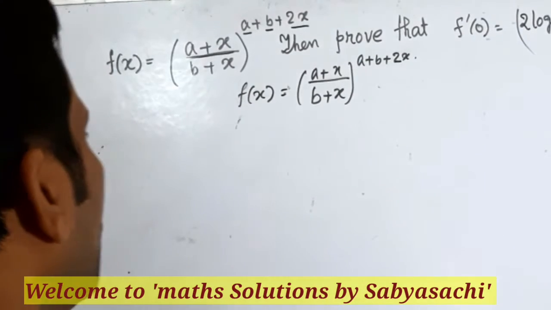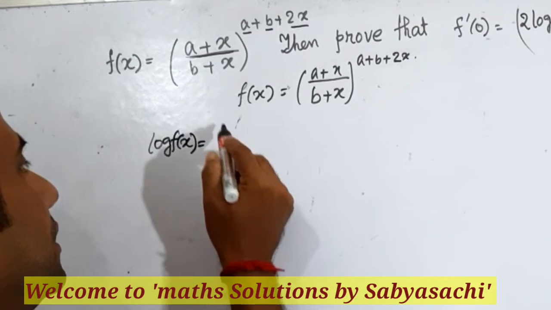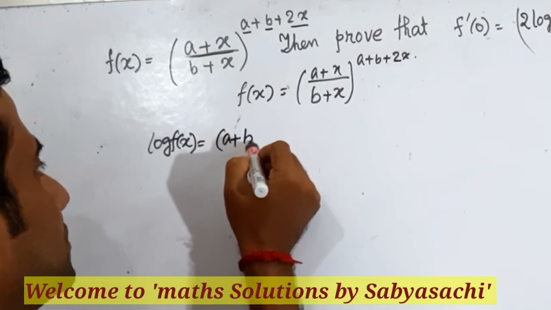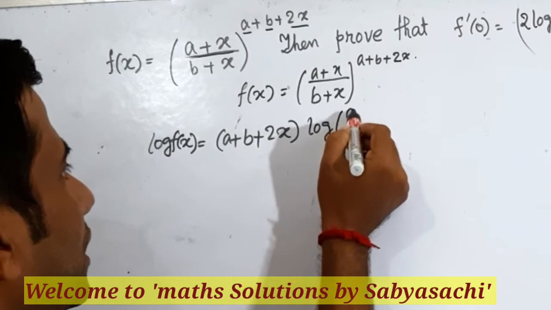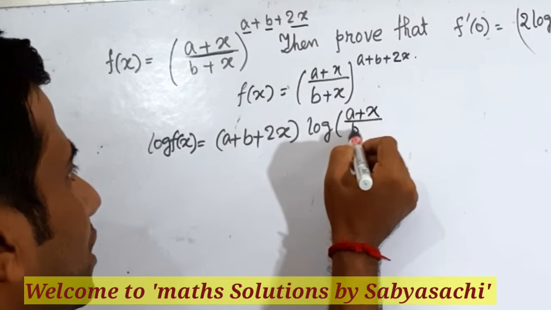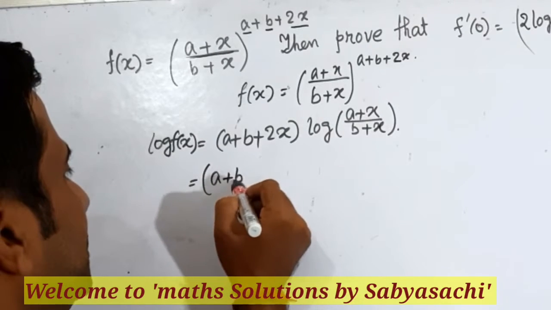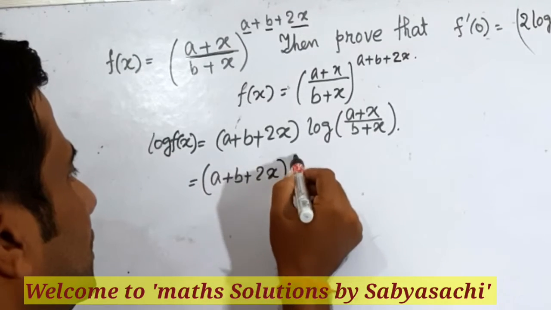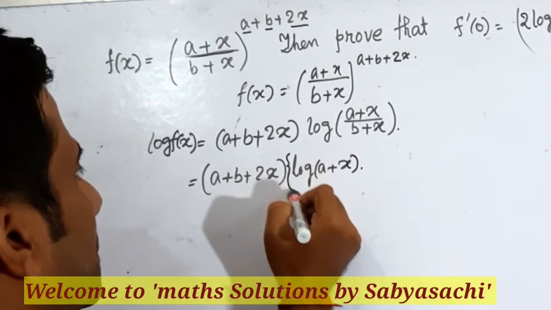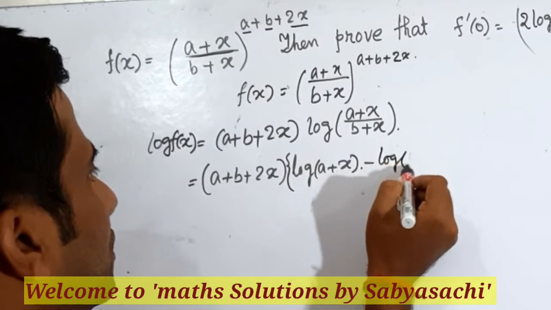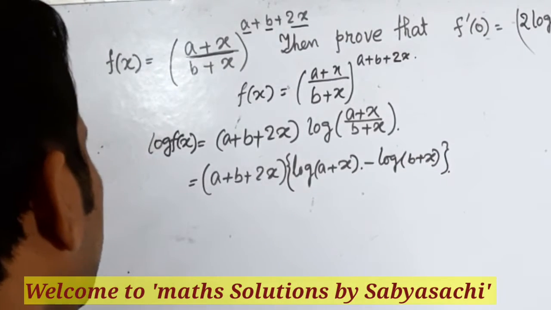So taking log on both sides, log f(x) = (a + b + 2x) times log((a + x)/(b + x)). That means (a + b + 2x) times [log(a + x) minus log(b + x)].